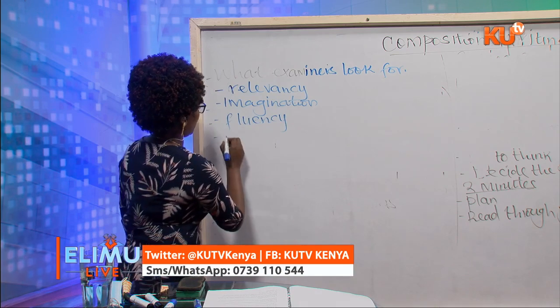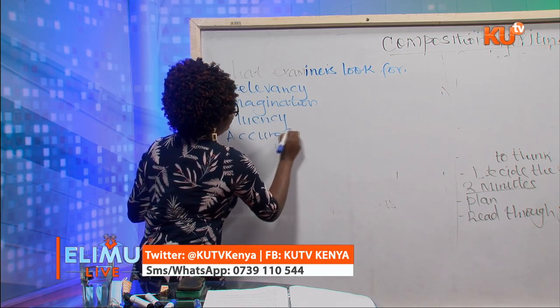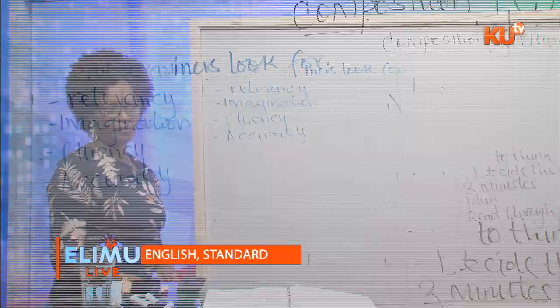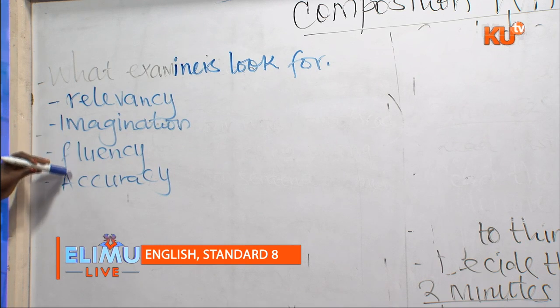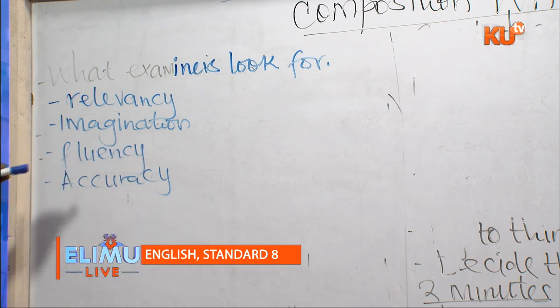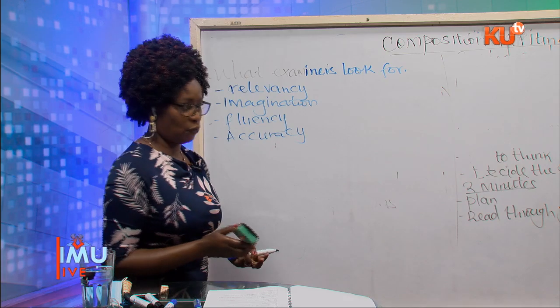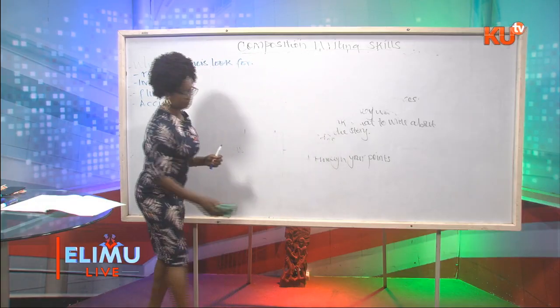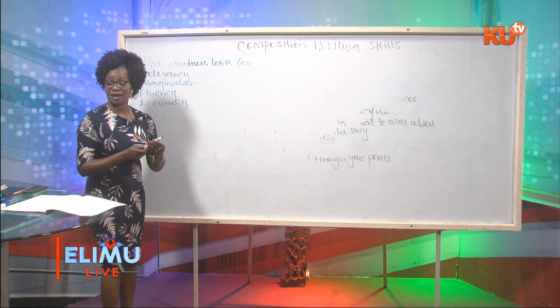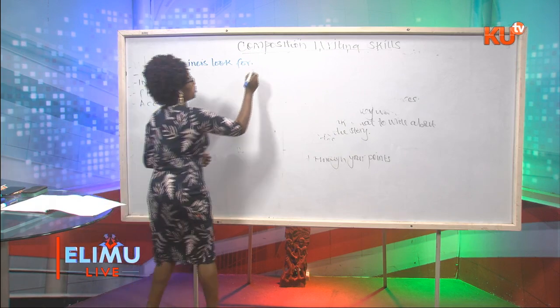So they will ask themselves, did you check something that is called accuracy? These are the 4 skills that they are going to check in your composition: relevancy, imagination, fluency, and accuracy. We are going to discuss each of them. And I'll start with imagination.